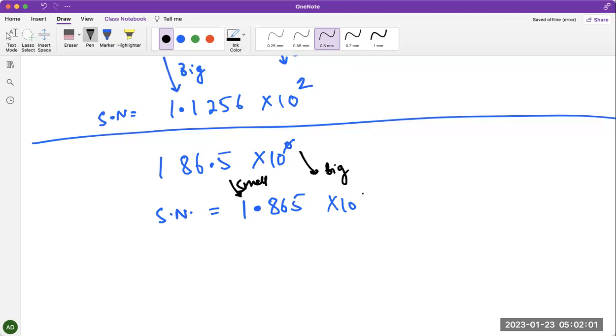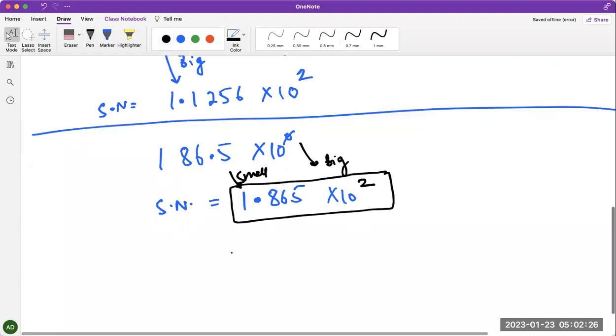So 10 to the power 0 should become 10 to the power how much, guys? Pause and tell me what this number should become. You made the number smaller by 2 decimal places, so you need to make this number bigger by 2. So 0 becomes 2. Okay, that's it. That's the answer.